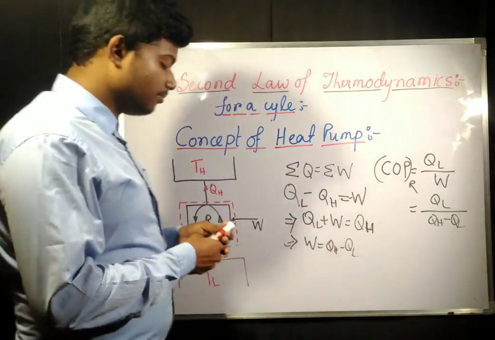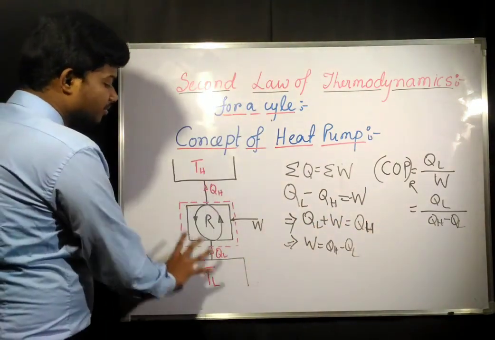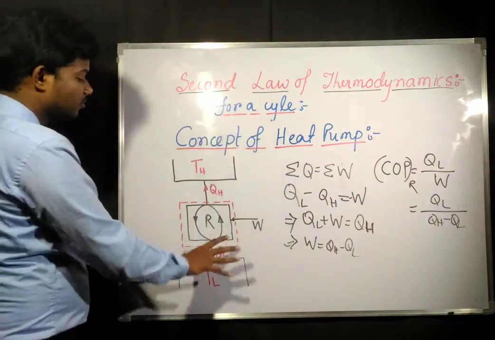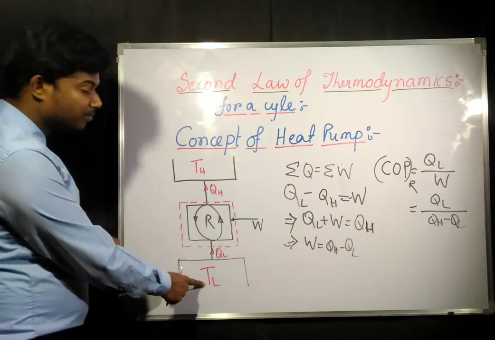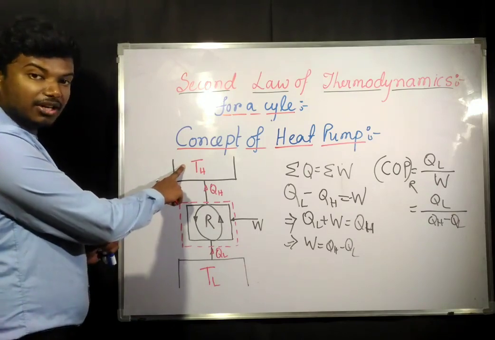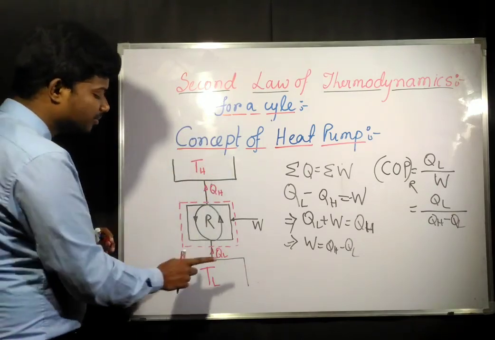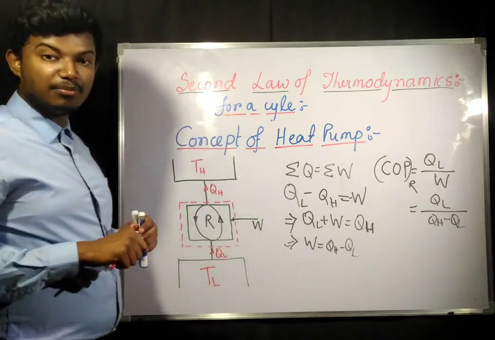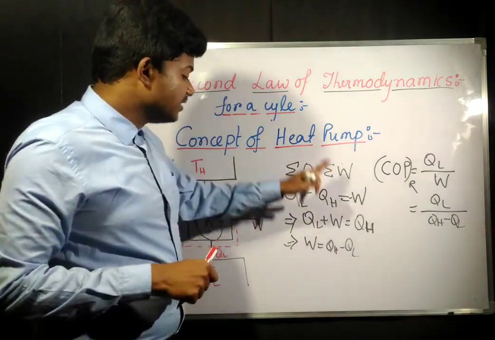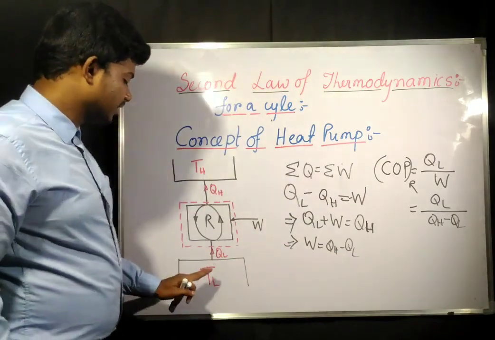Remaining all things are the same. In refrigeration, this was lower and this was similar to atmospheric temperature. Now in the heat pump, this is similar to atmospheric temperature and this is higher than atmospheric temperature.